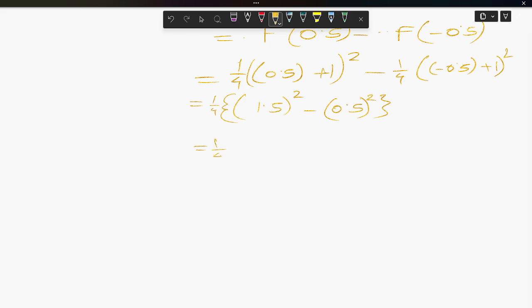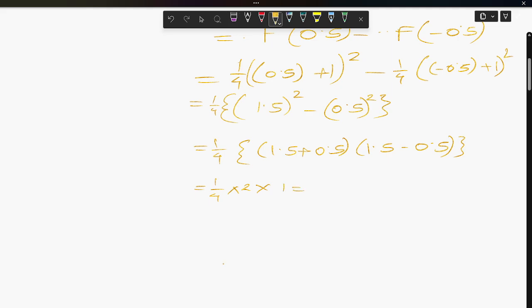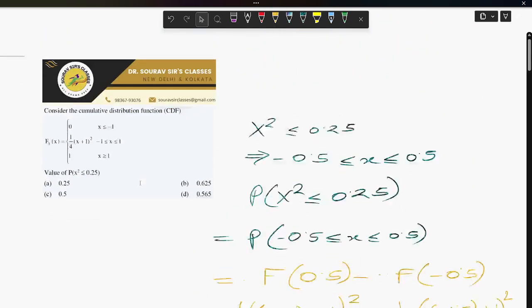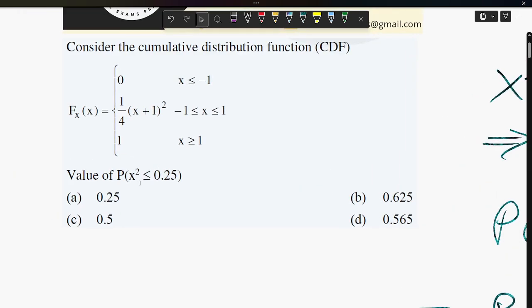So that is equal to 1 by 4 into (1.5 plus 0.5) into (1.5 minus 0.5). So that is equal to 1 by 4 into 2 into 1. So that is equal to 0.5. Okay, so this is the correct answer of this question, which is our option C. So this is our correct answer.